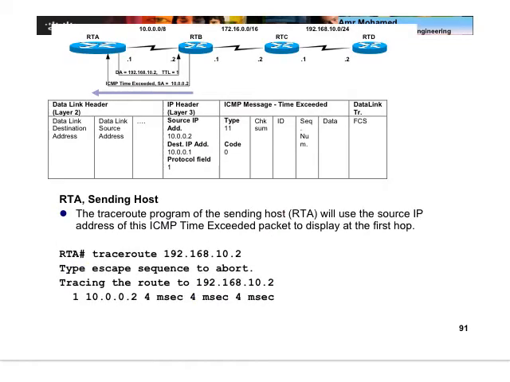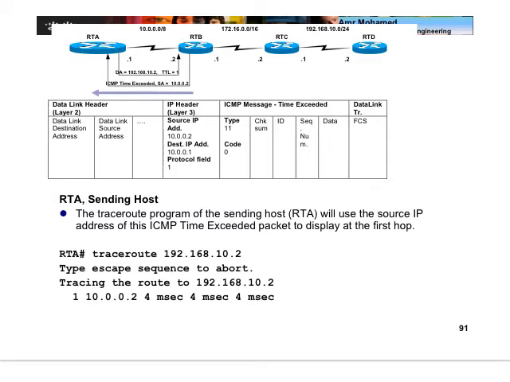So what will happen is that when you say traceroute and you give it the destination IP, you will get the first line first. The first line is 10.0.0.2, and I received this in 4 milliseconds. Traceroute sends 3 copies for each hop. It sends 1 packet and it comes back, sends 1 packet and it comes back, sends 1 packet.